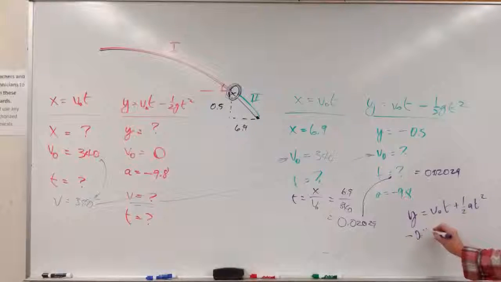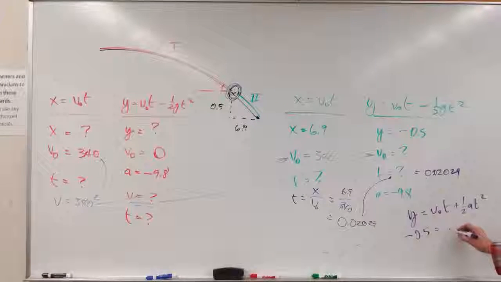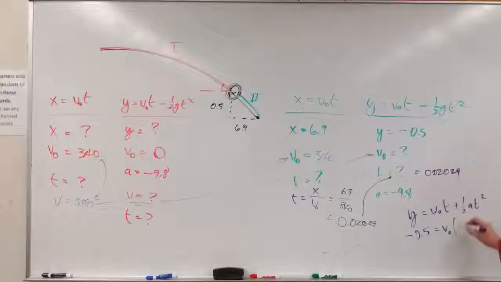So I've still got my negative 0.5 equals v0, which is what I'm looking for. Time I know. So that's a mess, but fortunately it's not quadratic. So that's just figuring out all that stuff.